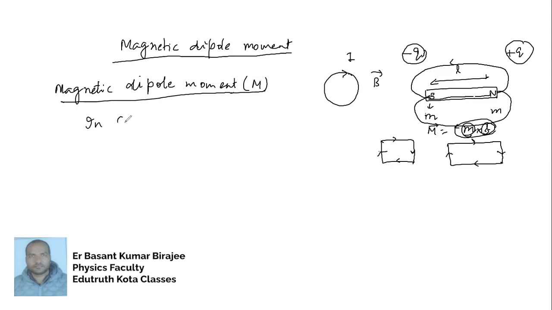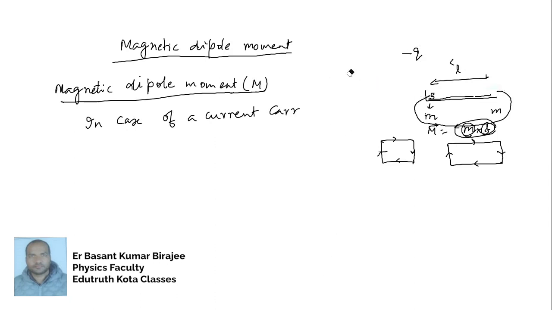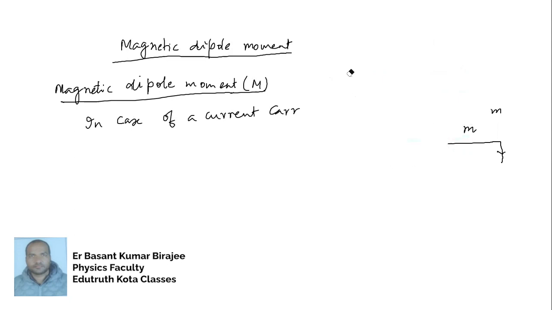For a current carrying loop, the magnetic dipole moment is calculated as NIA.